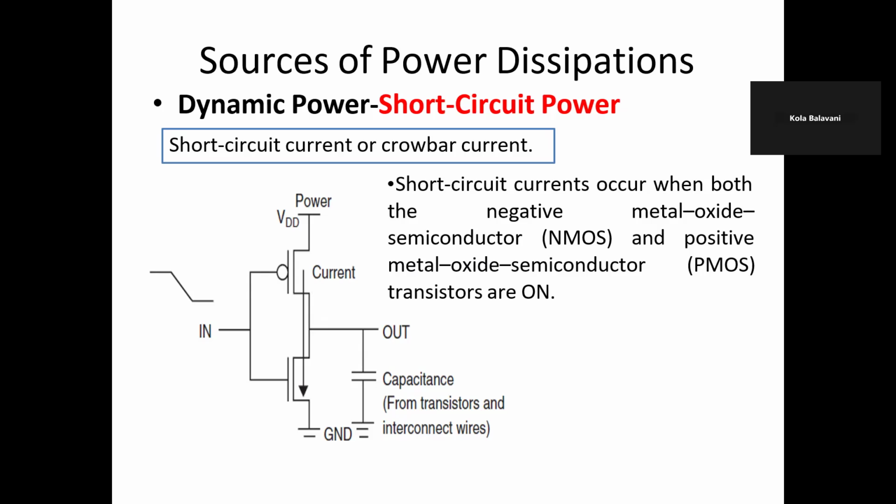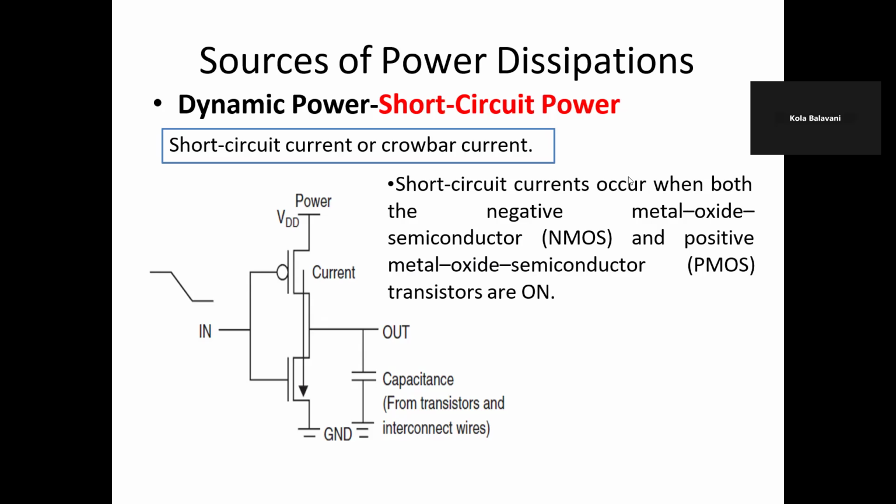In low power VLSI design, short circuit power dissipation becomes significant whenever the input signal transition is slowly changing its values. This depends on the rise time and fall time. Because the rise time and fall time change the transition slowly, both the transistors may be conducting simultaneously.